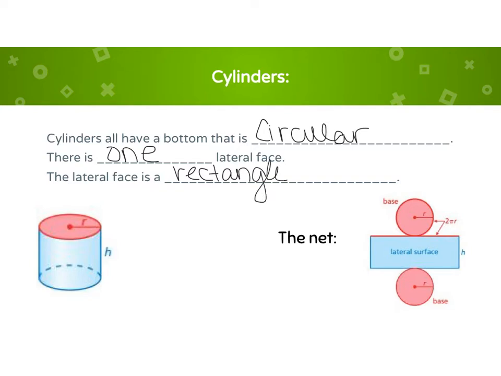So as you can see over here, this is your cylinder, and this is your cylinder that has been torn apart. So your net, they unrolled it. They took the two tops and pulled them off. And then here is what you have around that circumference of the circle.